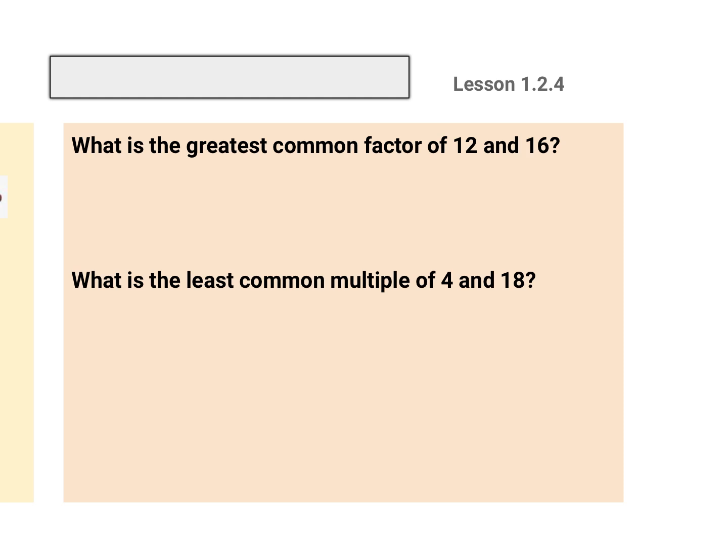Okay, so what is the greatest common factor of 12 and 16? So we need to list all the factors for 12 and then all the factors for 16. So this is one way to do it. So for 12, I know that 1 times 12 equals 12.